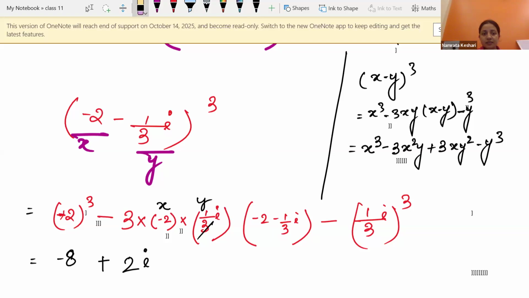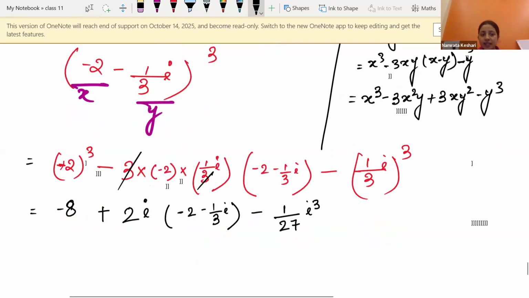Is it making sense? Plus 2i in bracket (minus 2 minus 1 by 3i), and here (1 by 3i) whole cube will be minus 1 by 27, 3 times 9, 3 times 27, i cube. Clear?